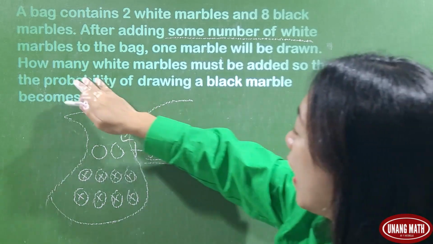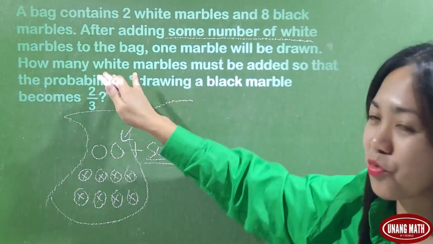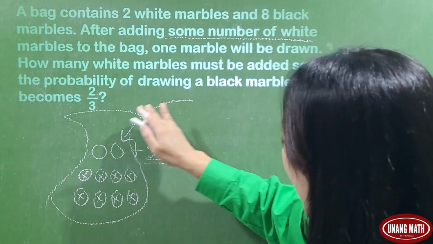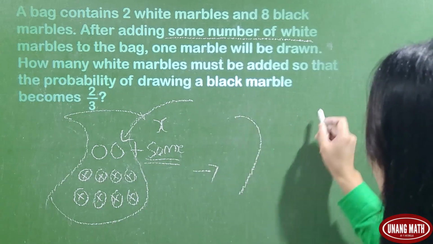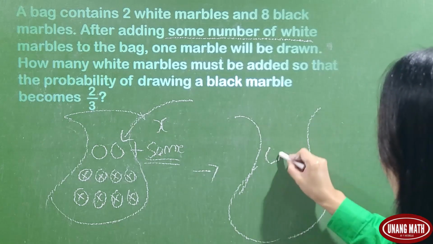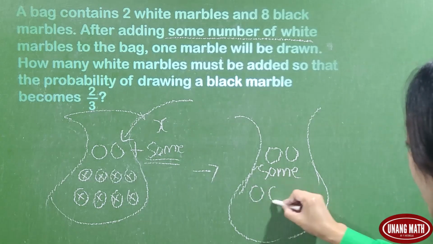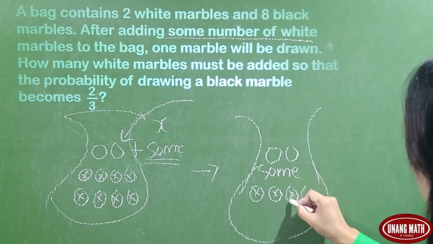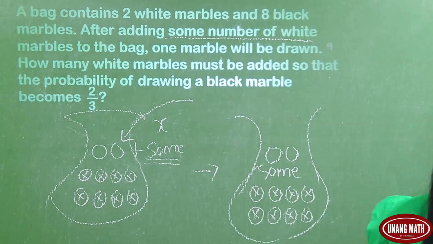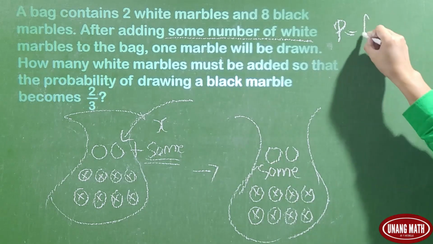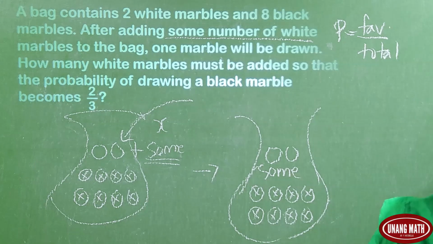Okay, now, how many white marbles must be added so that the probability of drawing a black marble becomes 2 over 3? So when we added some white marbles in this bag, this now becomes our bag: 1, 2, plus these some white marbles and these 8 black marbles. Okay, so probability is favorable outcome over the total possible outcome.